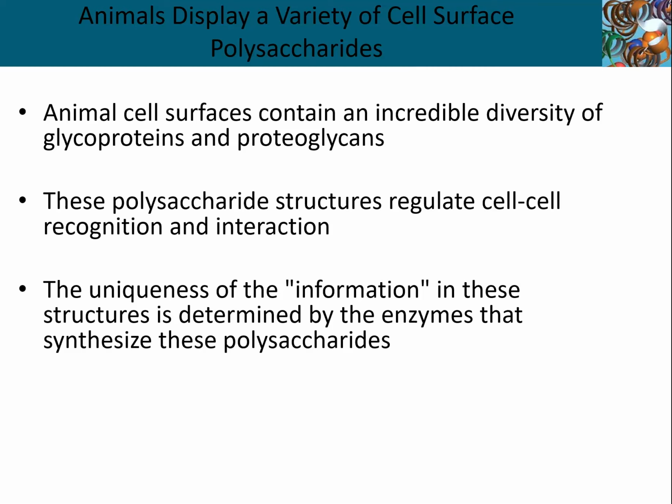Because of that, we see a huge diversity of glycoproteins and proteoglycans, and we're not even going to scratch the surface in this. This is about becoming aware of some of these research topics. But they're particularly important for regulating cell-to-cell recognition and interaction.